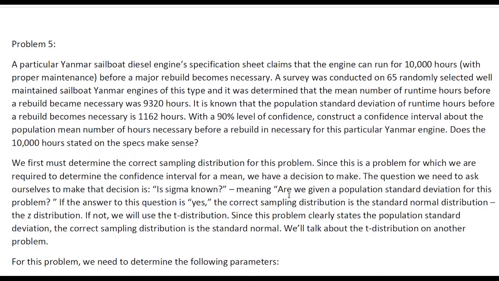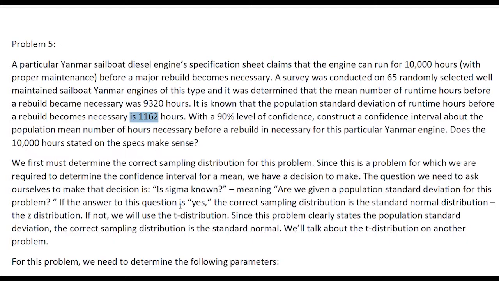Meaning, are we given a population standard deviation in the problem? The answer to that for this problem is yes. It says right here, it is known that the population standard deviation is 1,162 hours. So we're given a population standard deviation.